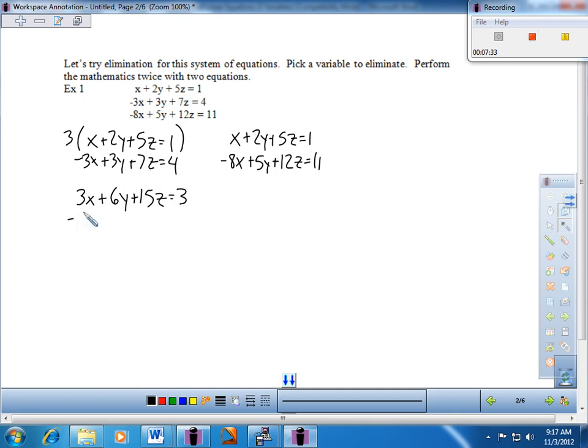Just again, err on the side of caution there. Writing every step I think is helpful. So got that piece. And this is definitely a situation where you make one little mistake. Unfortunately, it's all going to go haywire. So I have a 9y, 22z, and then equals 7.